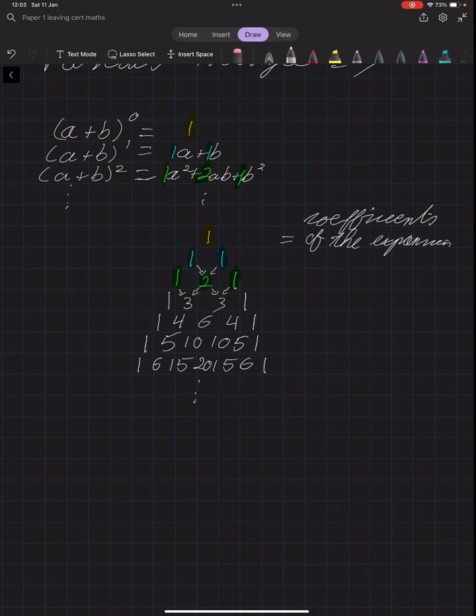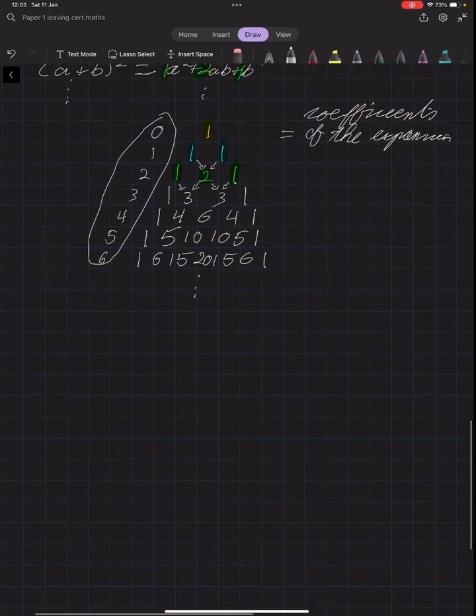So this is if it's to the power of 0, that's if it's to the power of 1, power 2, power 3, power 4, power 5, and power 6. So what this says is, if I asked you what a plus b to the power of 6 was, the first number is a 1.